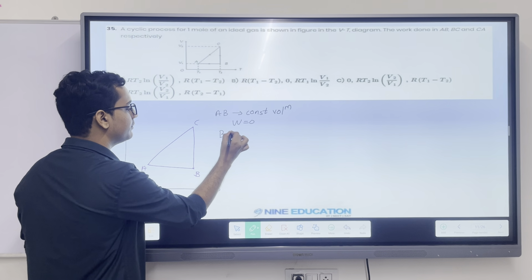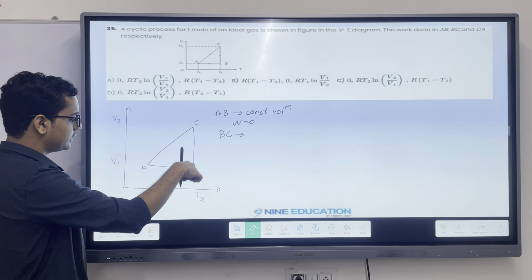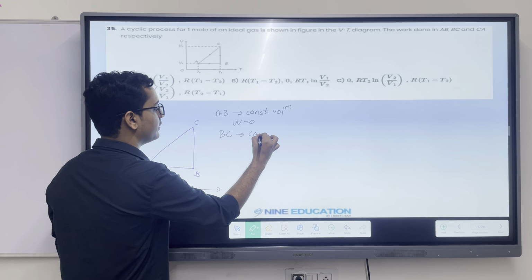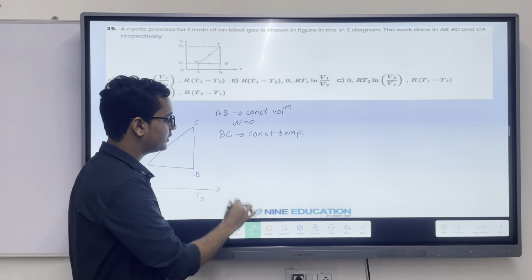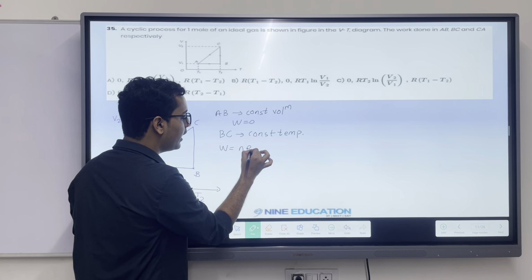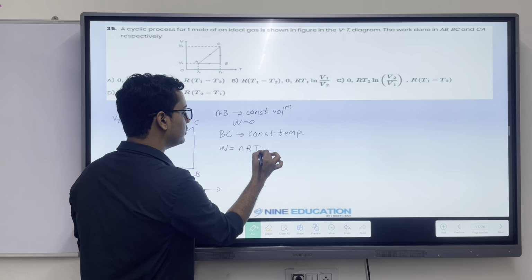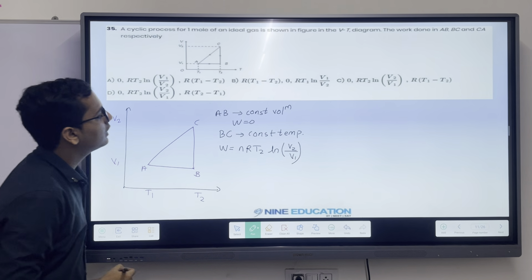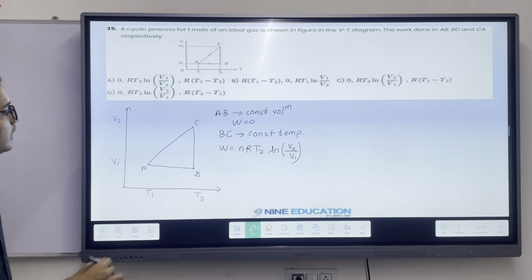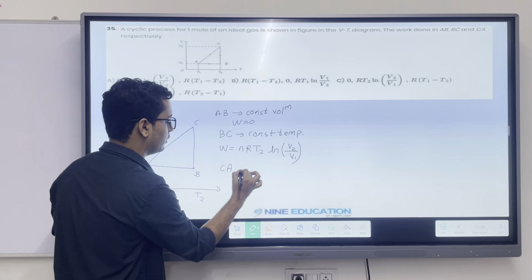What about BC? BC is constant temperature, which means isothermal process. So work done is nRT2 ln V2 by V1. Correct? And CA.